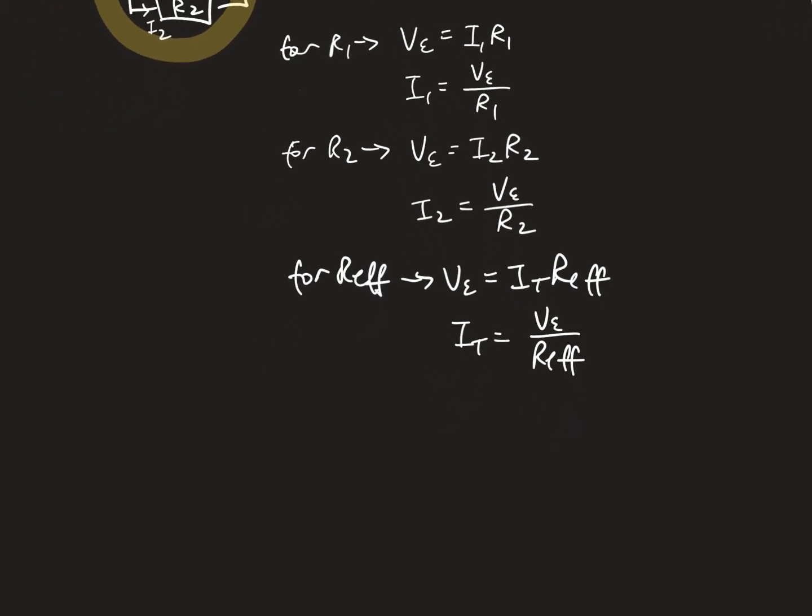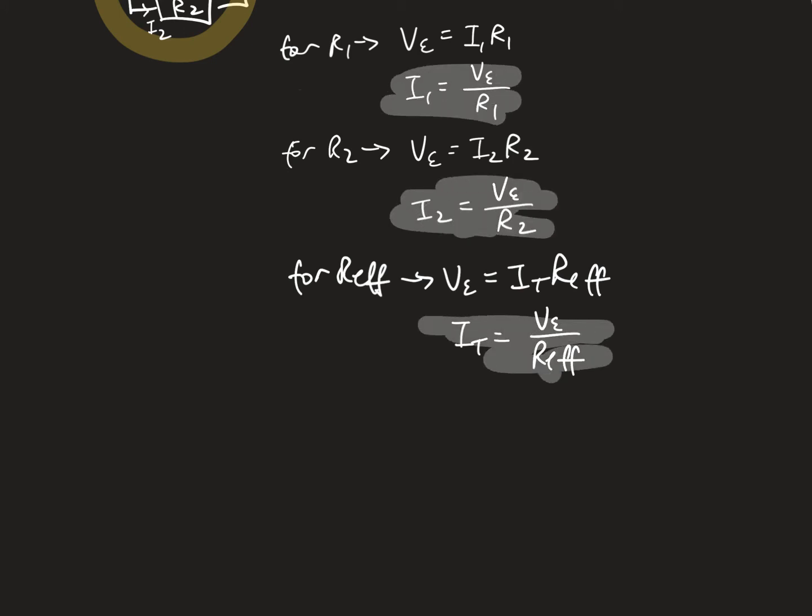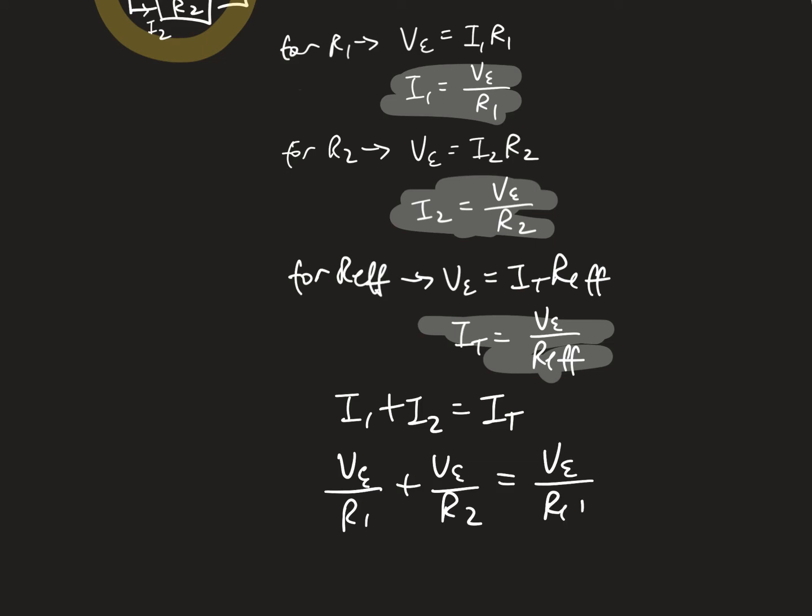Based on these, we construct the formula: I1 plus I2 equals I total, and therefore VE over R1 plus VE over R2 equals VE over R effective.